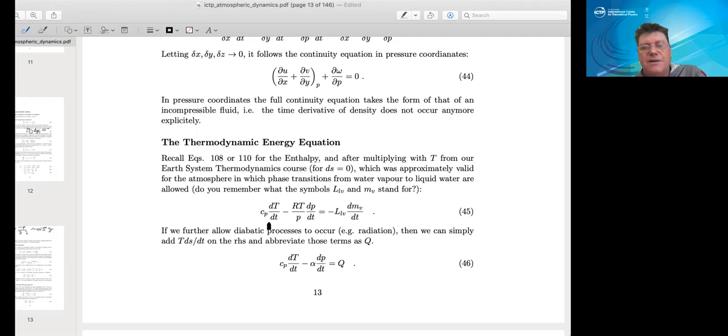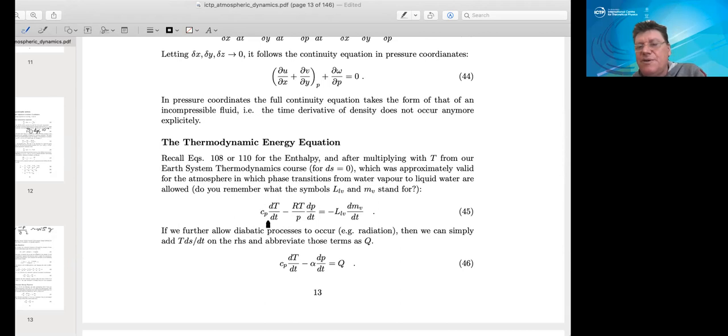We can express the first law of thermodynamics in many ways. But one way is to express it in terms of enthalpy, in which case the second term here has to have the derivative of the pressure. Otherwise, there would be the derivative of the specific volume if we take into account the internal energy, not the enthalpy.